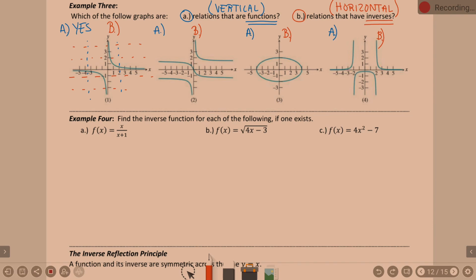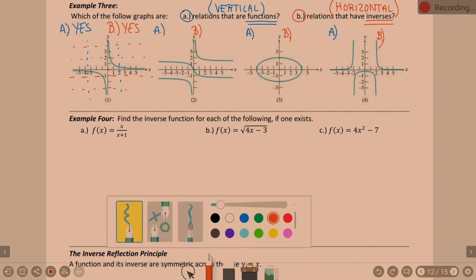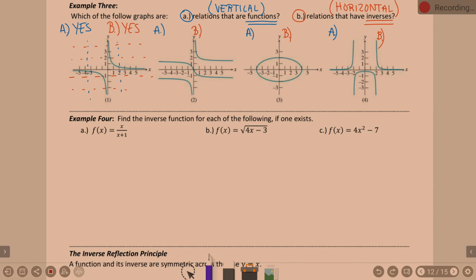And so, yes. So this one, yes, it's a function. Yes, it has an inverse. While we're here, what's the special name for this one then? It is a hyperbola, but not what I was looking for. One-to-one. If it is a function and has an inverse, it is what we call one-to-one. Okay?